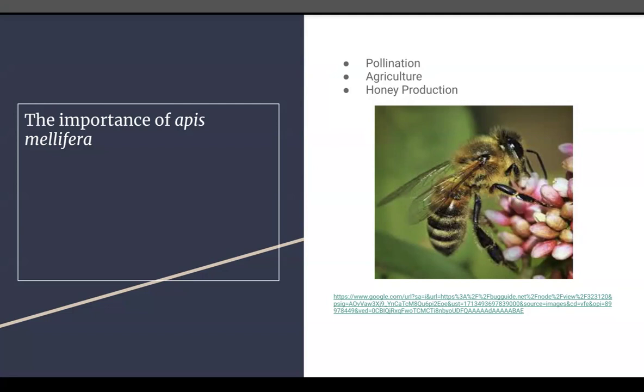These bees are estimated to pollinate 1/3 of all the food crops around the world, and they're also the primary species of bee in honey production. They're used for other things besides pollination and honey production. We use some of the products that they produce in cosmetic items and even pharmaceutical drugs.